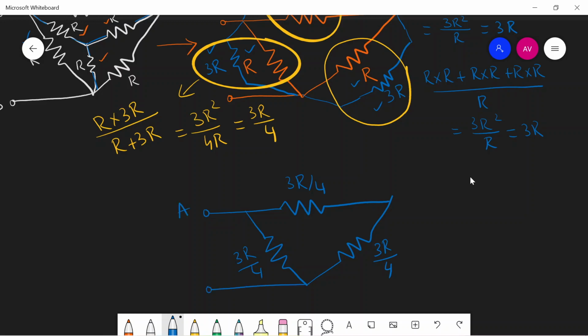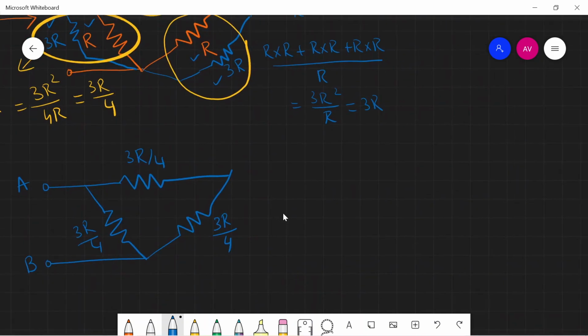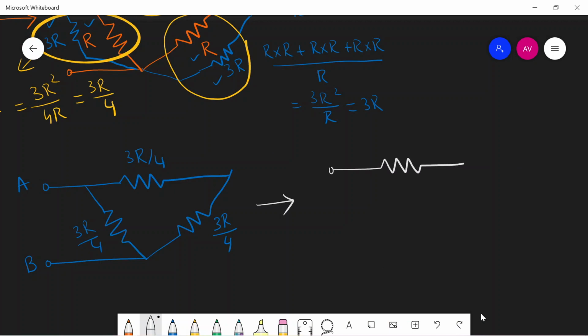The terminals will be A and B. We can alternately draw this circuit. We can alternately draw the circuit as like this: 3R by 4, 3R by 4, 3R by 4.